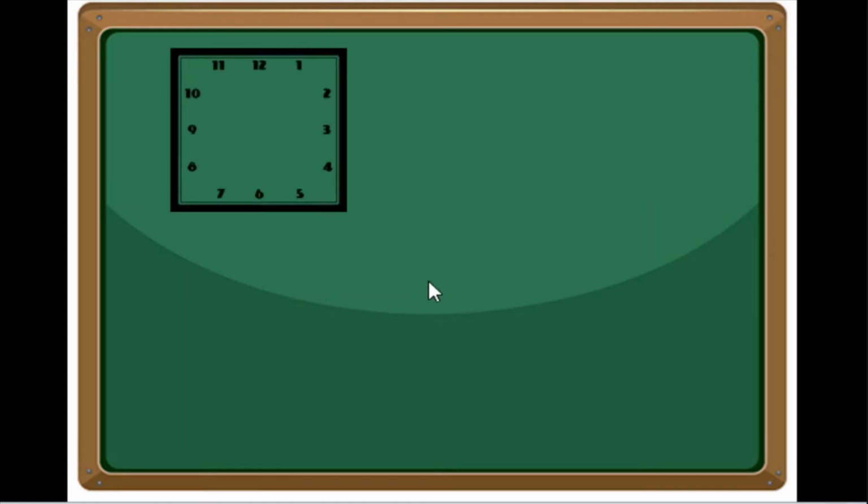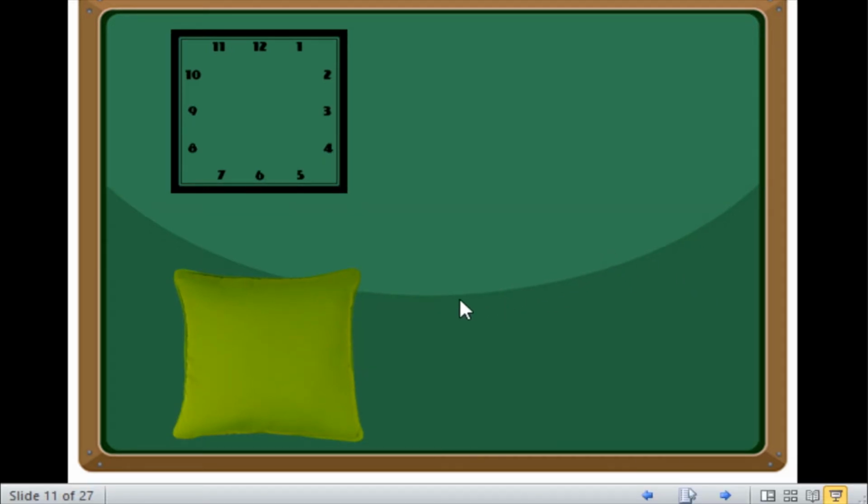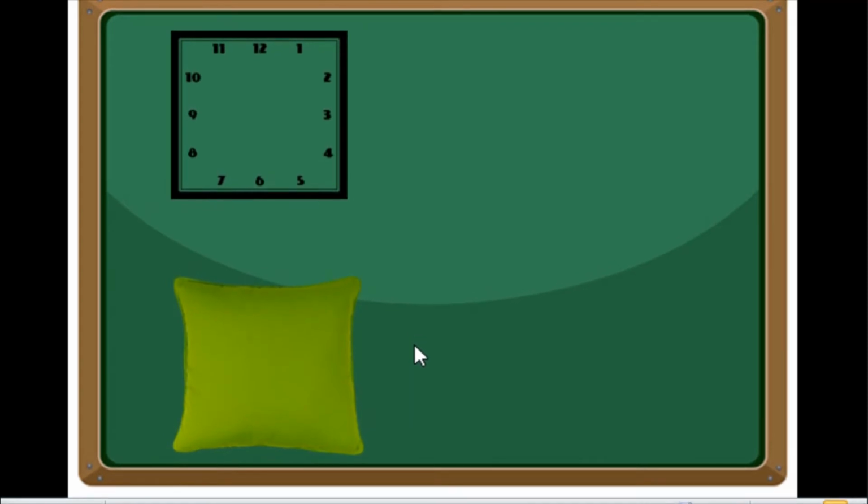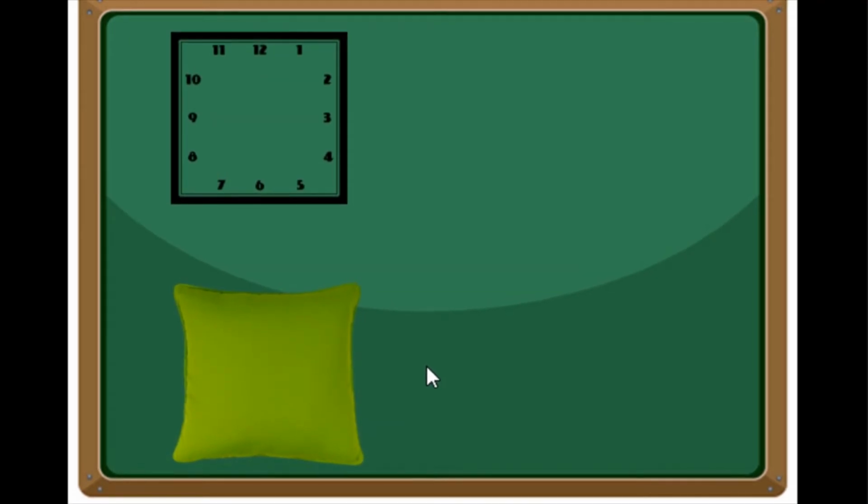Let's try to see if you can identify and differentiate between squares and rectangles. This time, I will be showing you pictures. Try to identify by yourself whether it is a square or a rectangle. Our first 2 pictures are a clock and a pillow.